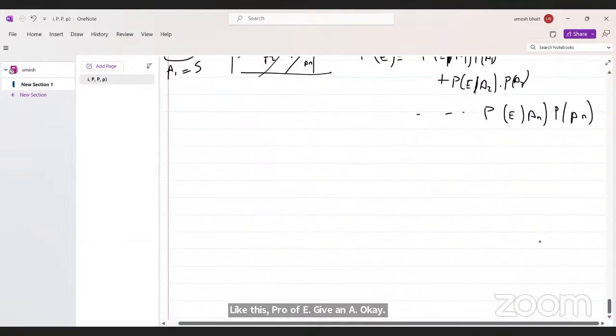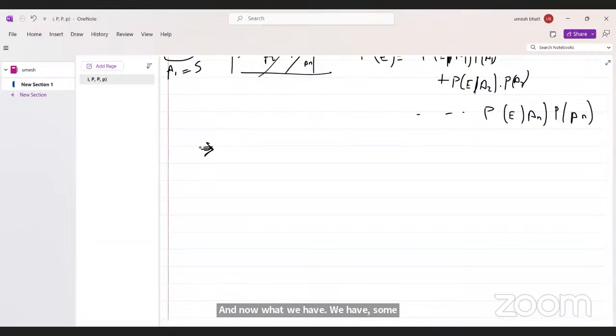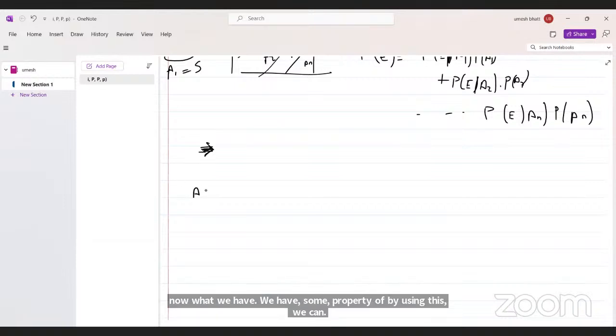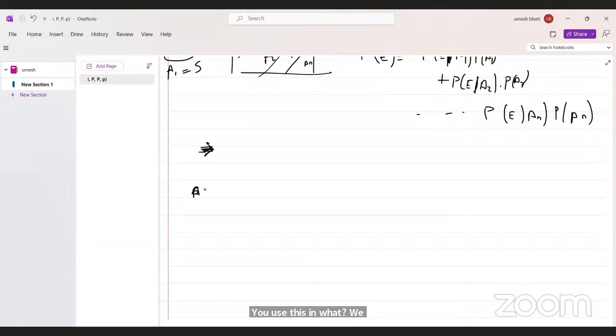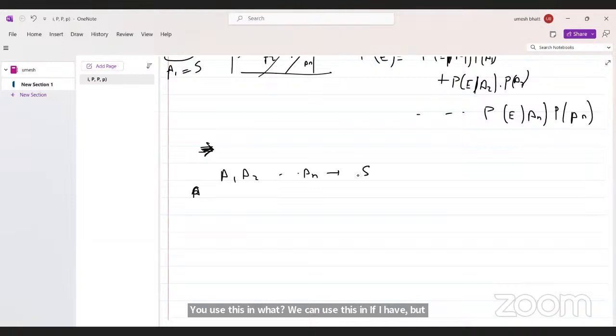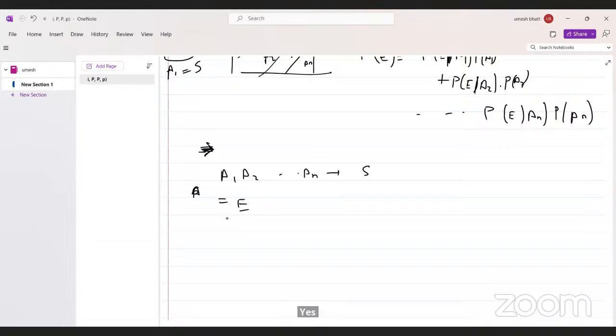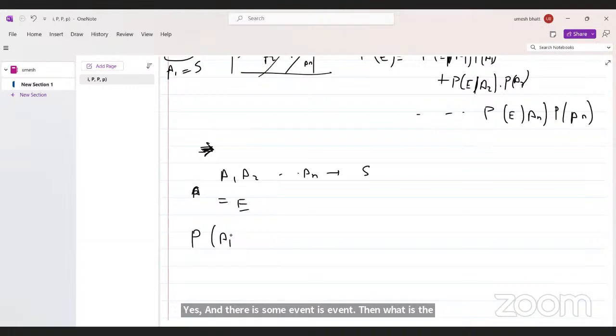And now what we have? We have some property, and by using this we can use it where? If I have A1, A2, A3, up to AN as a partition of S, my sample space, and there is some event E. Then what is the probability of Ai given E?